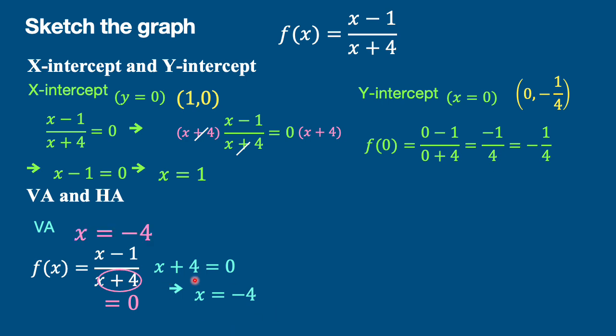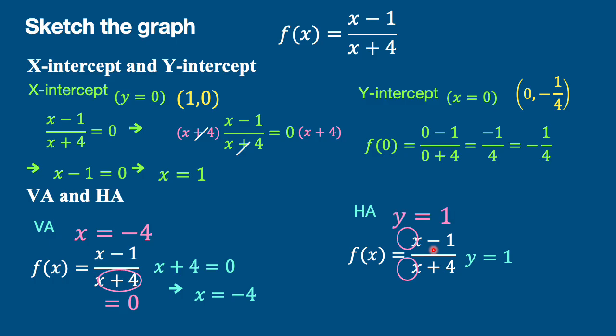That's the vertical asymptote line. What is the horizontal asymptote line? You check the degree. Numerator degree is 1, denominator degree is 1, same degree. Horizontal asymptote is y equals 1.